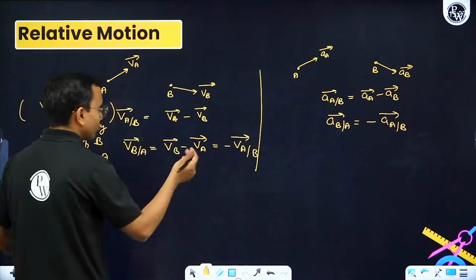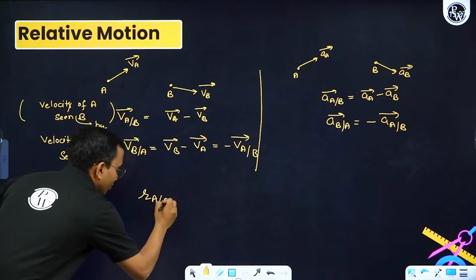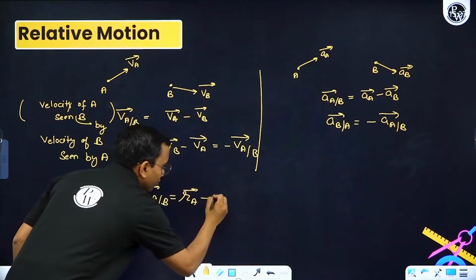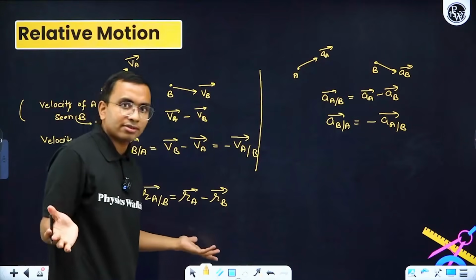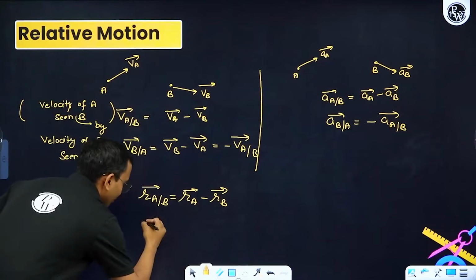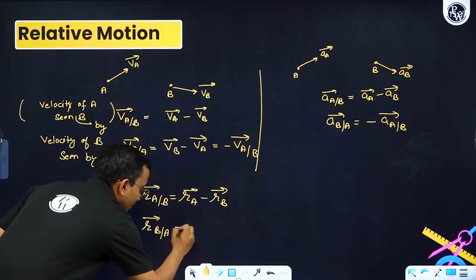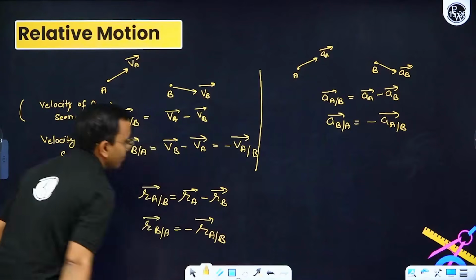If I define position vectors, position of A with respect to B is position of A minus position of B. Just I am changing my frame of reference. If I say position of B with respect to A, this is minus of that.